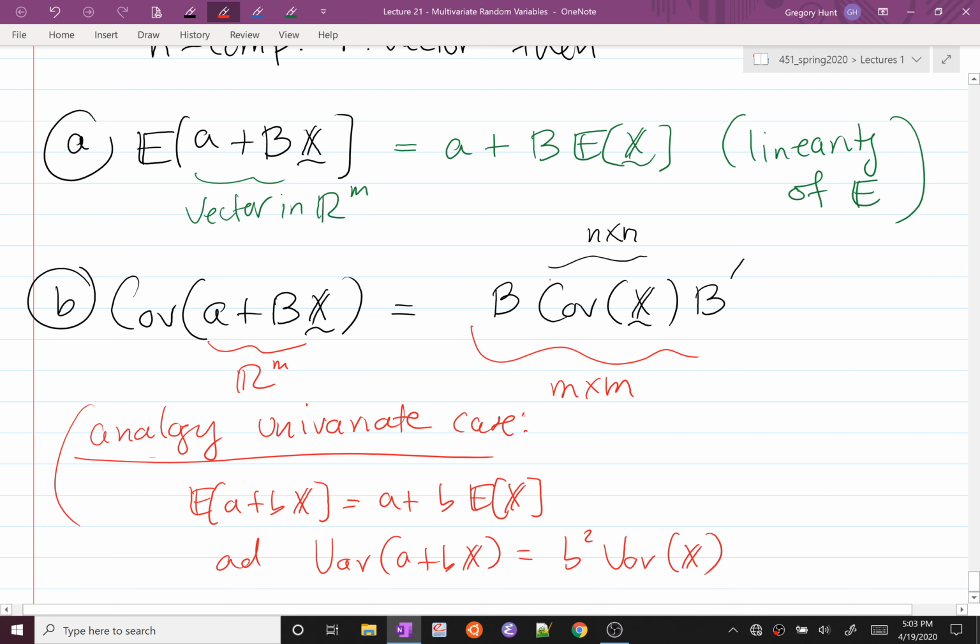It's more complicated when you're working with random vectors, because now we have a matrix instead of just a single number, so it's kind of like B squared. We have a B out front, and we have a B out back. So it's kind of the matrix equivalent of squaring B.